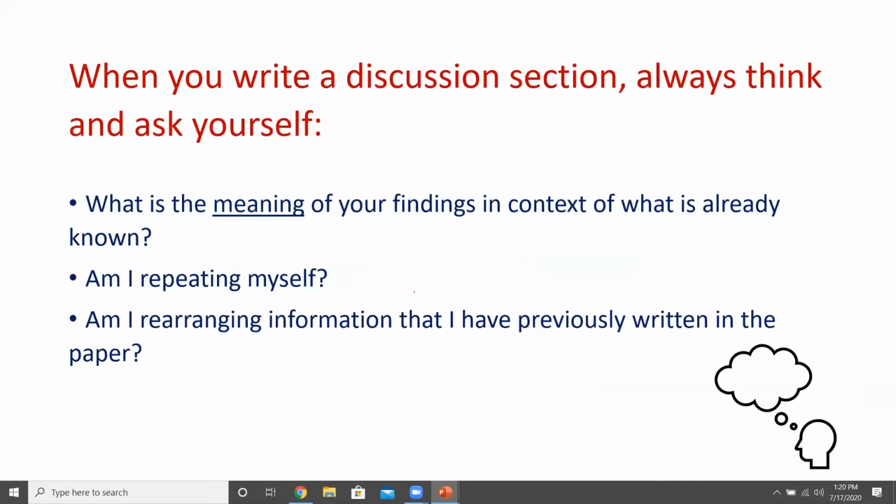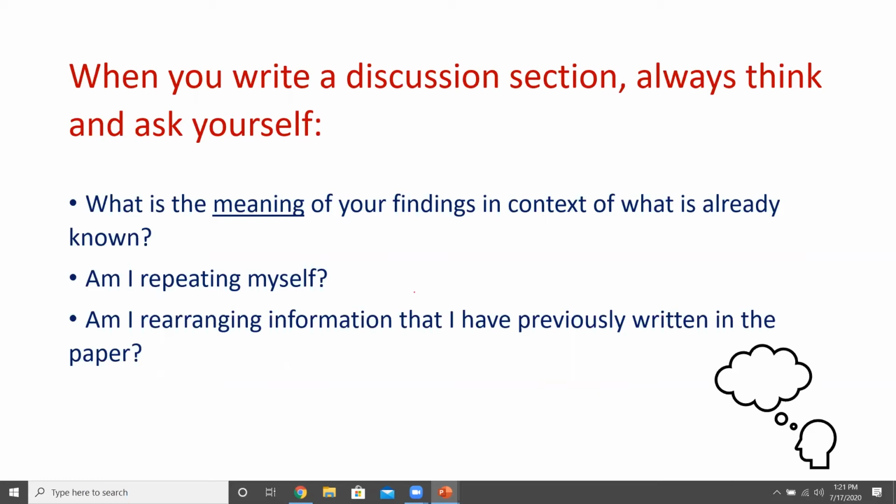Now, when you write a discussion section, always think and ask yourself, what is the meaning of your findings in the context of what is already known? Am I repeating myself? Am I rearranging information that I have previously written in the paper? When you start writing, always ask yourself these questions. Remind yourself that what you want to write in the discussion section is something unique.